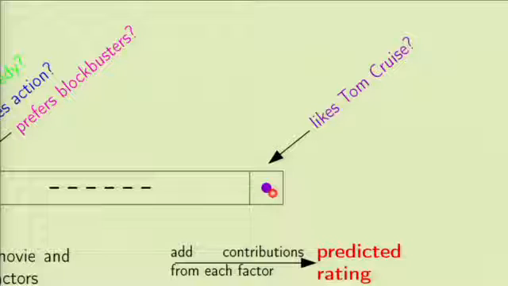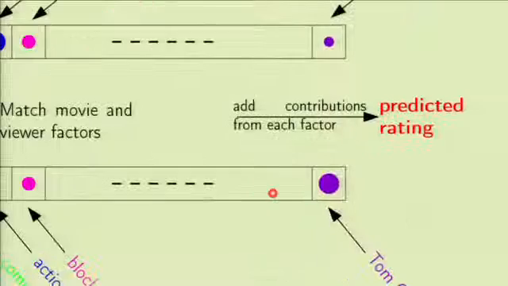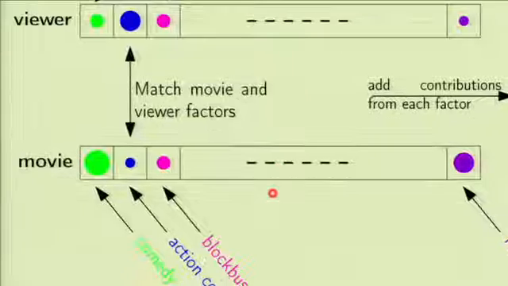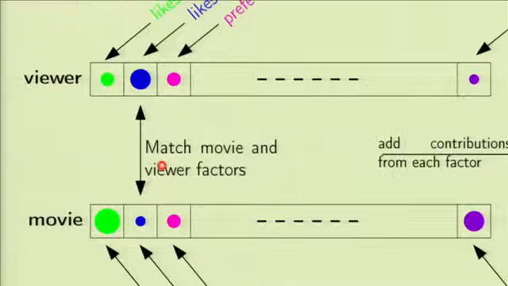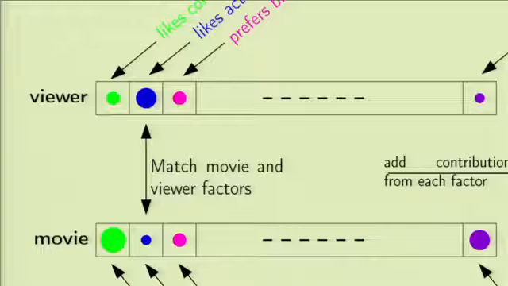Now, you go to the content of the movie itself, and you get the corresponding part. Does the movie have comedy? Does it have action? Is it a blockbuster? And so on. Now, you compare the two, and you realize that if there is a match, let's say you hate comedy and the movie has a lot of comedy, then the chances are you are not going to like it.